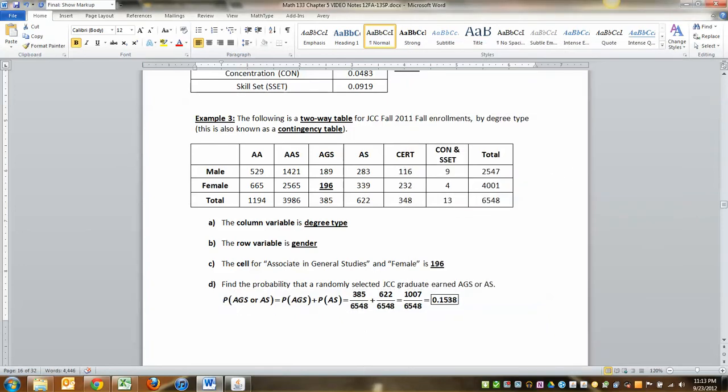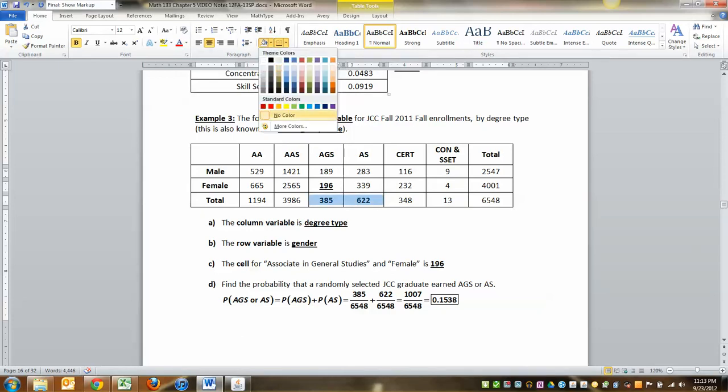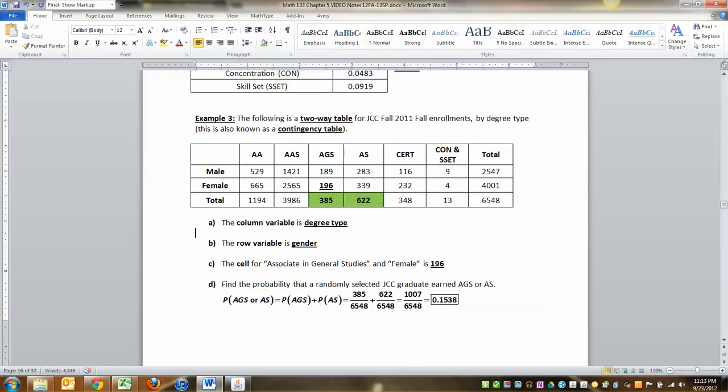And that's equal to 385, this guy right here, divided by the total, plus this one right here divided by the total. All right, I'll highlight those two cells so you can see them better. These two. Right there.